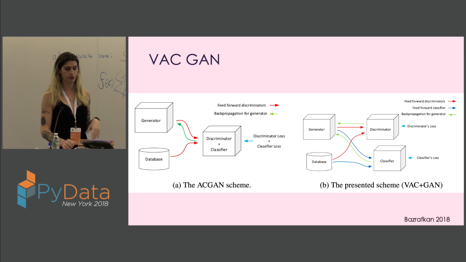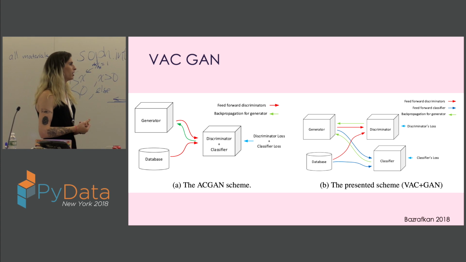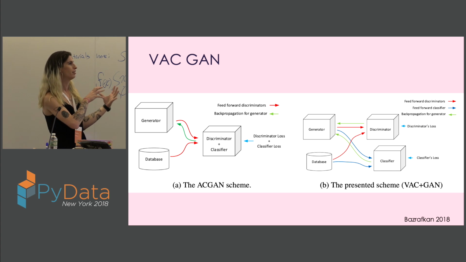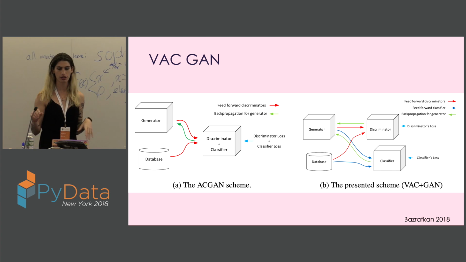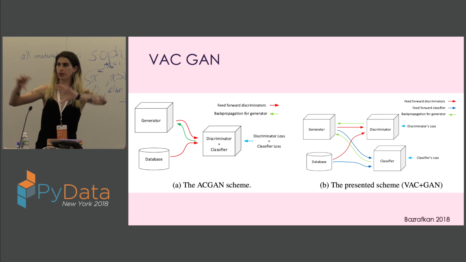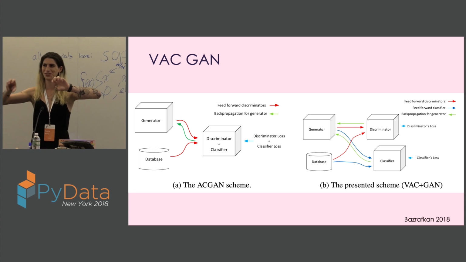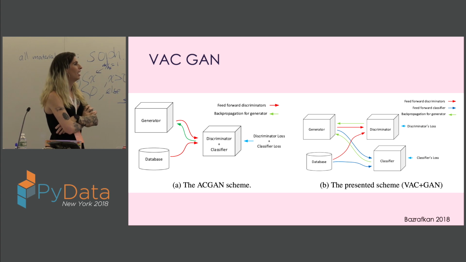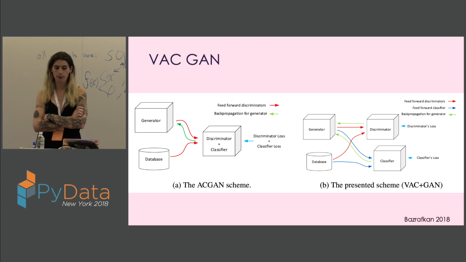It's really common in the field. And fairly recently, although it hasn't been that popular, there's been an addition to this called the VAC, for Versatile Auxiliary Classifier GAN. What they did is they built a third network. We're talking about GANs with two networks. They added this classifier network over there and trained that totally separately.